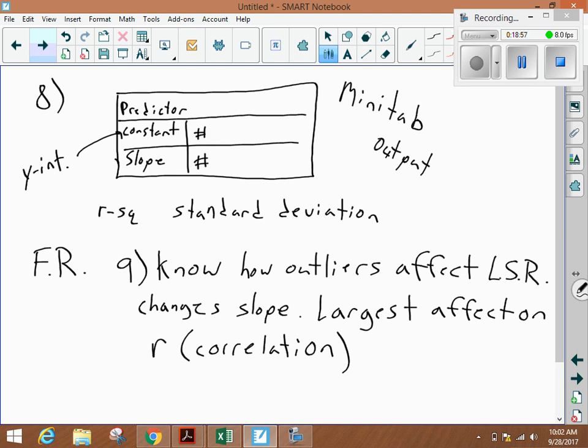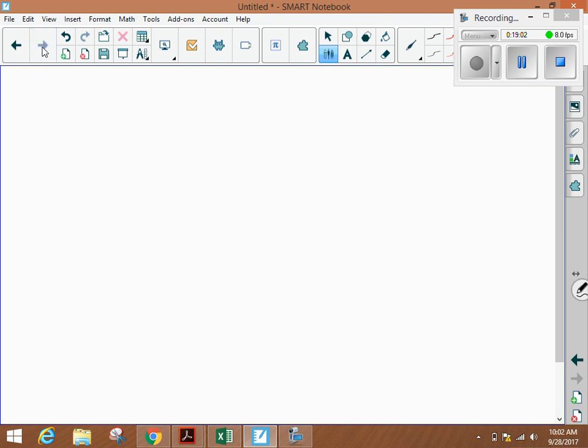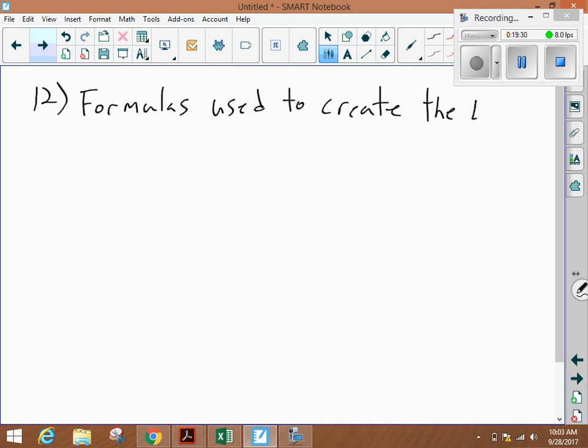All right, so you're going to have to actually use some formulas for number 12. And those are the formulas that I'm going to give you. And I'll actually highlight which are which for you. So I'm going to give you a big formula sheet, and I'll tell you which formulas you're going to need to use. But have a look over the formulas used to create the least squares regression line, the least squares regression equation.